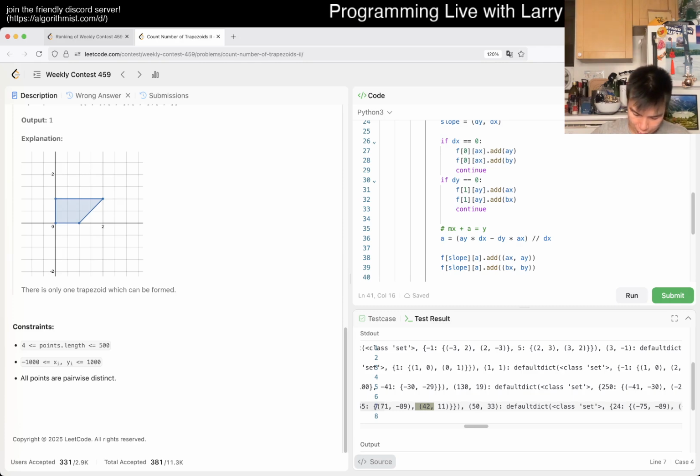You calculate the y-intercept with some point, and then on that line you go distance from. But that's still n cubed though. I feel like there's no easy way.